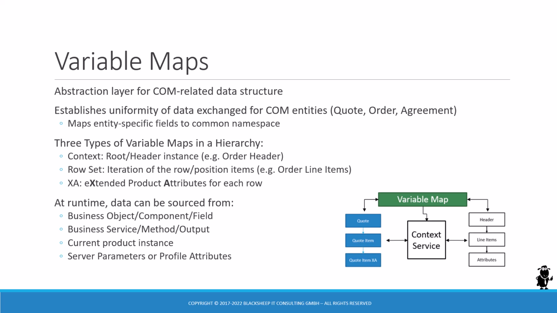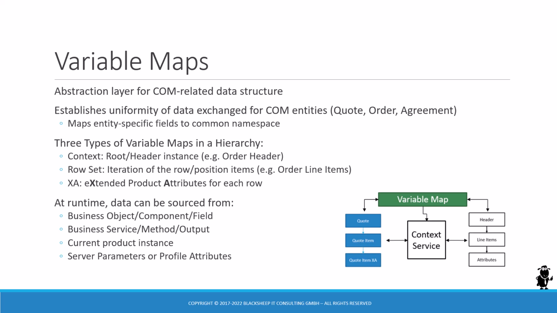They establish that uniformity by mapping entity-specific fields to a common namespace, if you will. And following the hierarchy of these COM entities, there are three types of variable maps. The context implements the root or header instance, for example, the order or quote header with all the fields necessary for processing, such as the price list ID.